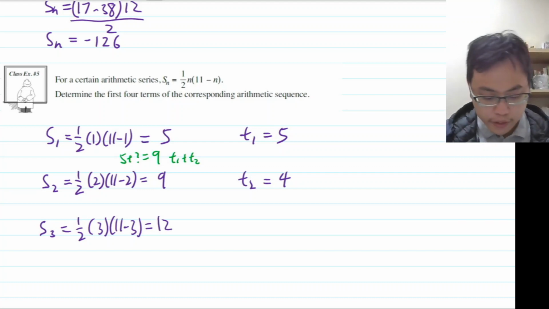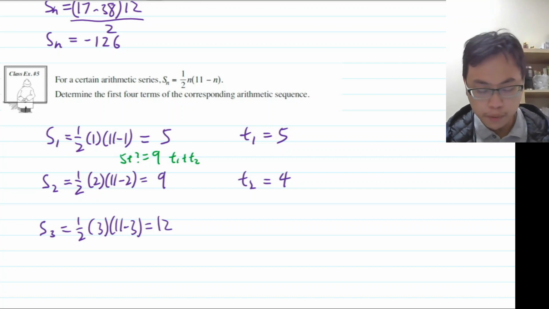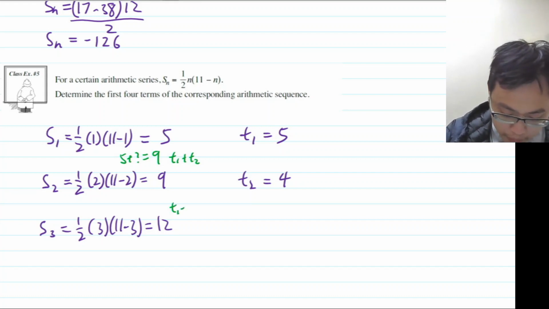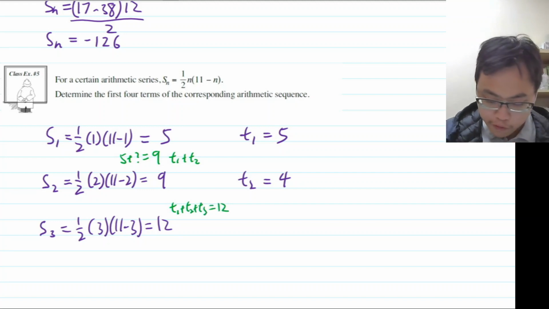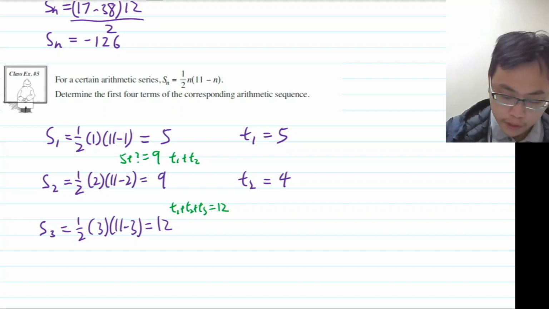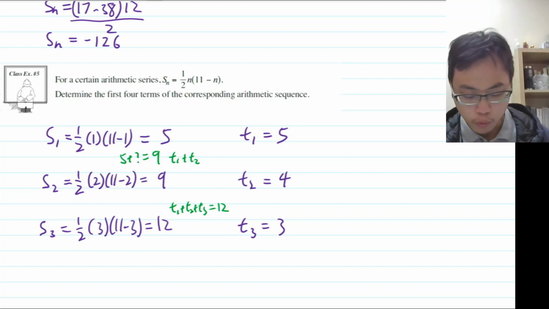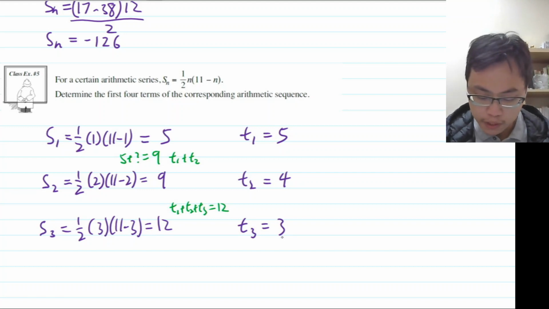This is the sum of the first 3 terms, T1 plus T2 plus T3, and it is 12. So 5 plus 4 plus what is 12? 5 plus 4 is 9, and 9 plus T3 is 12, so it has to be 3. You can confirm it: 5 plus 4 plus 3 gives me 12.